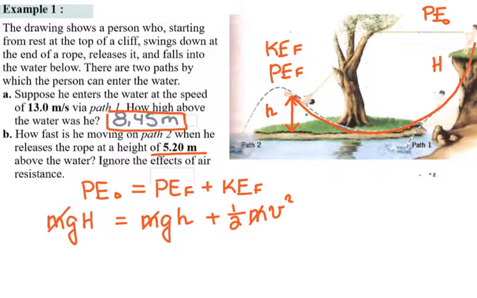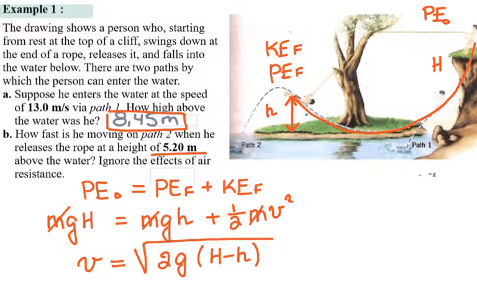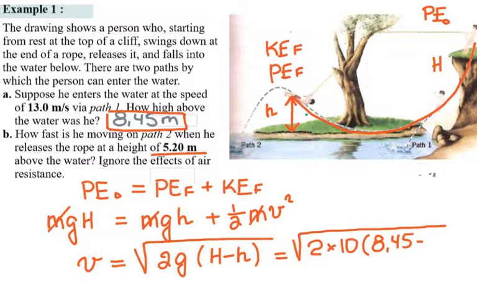And I'm solving for the velocity at point B. So the velocity at point B is equal to the square root of 2g times (H minus h). It's the 2gh formula, the square root of 2ad. And I have the square root of 2, times 10, times H, which is 8.45, minus the new height, 5.2. So the velocity is equal to 8.06 meters per second.